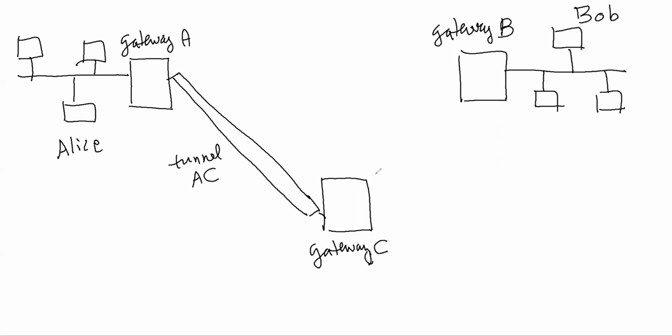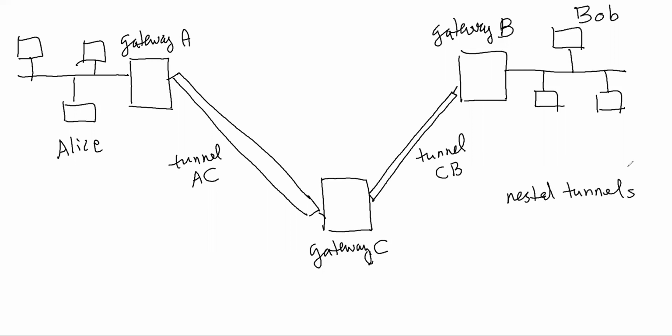And then it creates another tunnel from C to B, tunnel CB. This is called nested tunnels. Of course, you can imagine there could be more than one intermediate gateway.